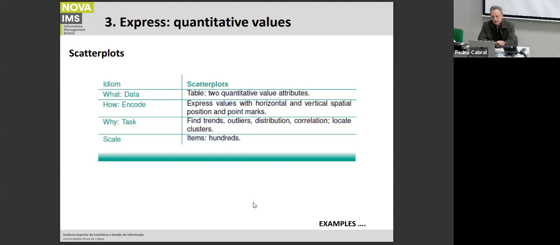Okay, so first type of visualization idioms. One very common way of representing our data is through scatter plots. I'm sure all of you have heard about scatter plots before. So we have scatter plots whenever we want to represent two quantitative attributes.